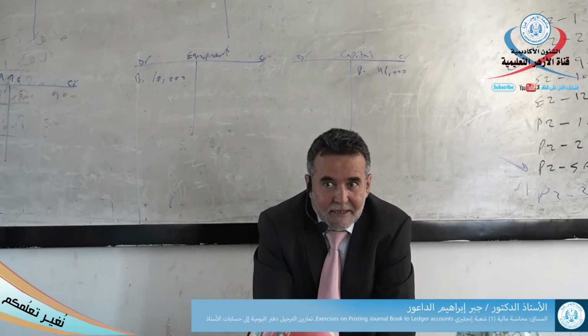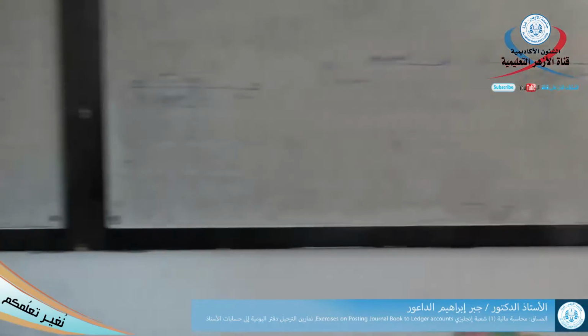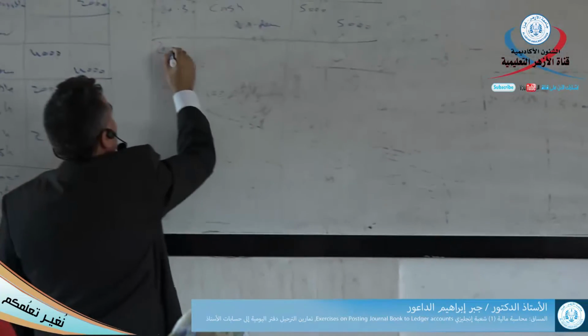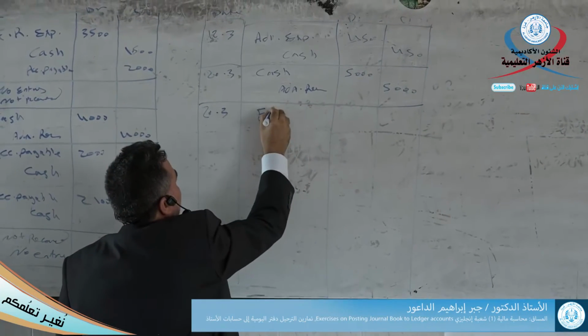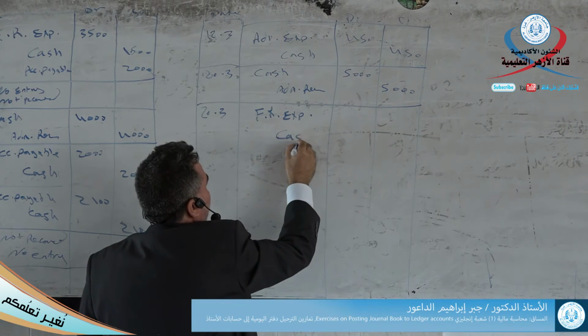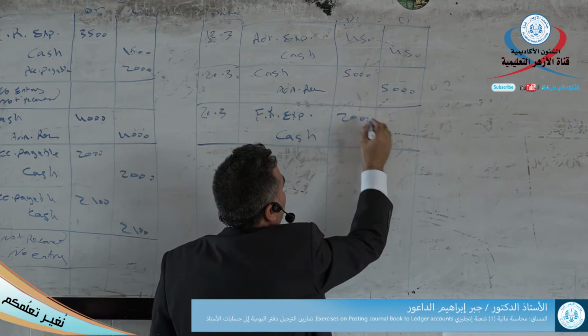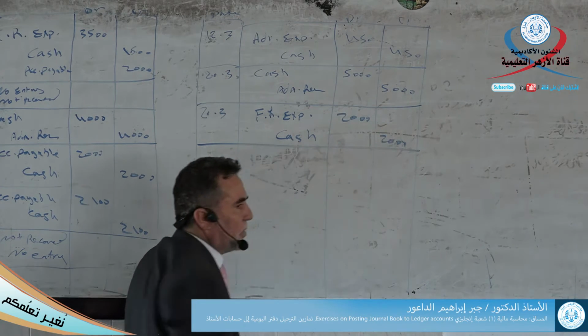And film rent expense. Also at the same date, film rent expense to cash 2,000.